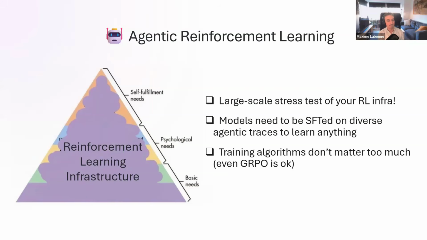And finally, training algorithms don't matter too much from our experience. In the previous slide, I showed GRPO, which is not supposed to be the best performing one in this setting, but it works. DAPO also works. So it doesn't seem to matter too much here.